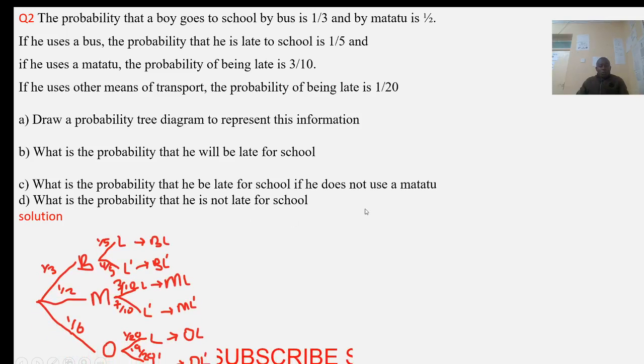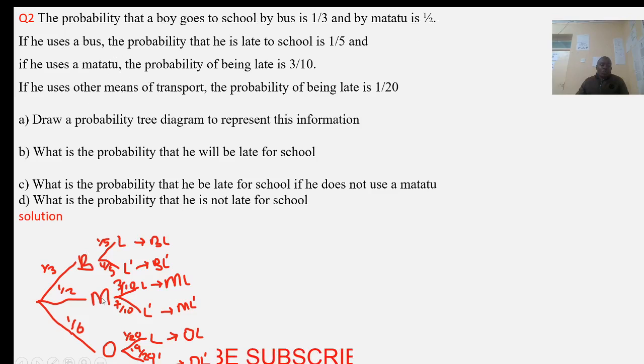Now what we do, we draw a tree diagram. I've used B, that's traveled by bus, M by matatu, and all other means. So I'll say, first of all, that the probability that a boy goes to school by bus is a third. By matatu, the probability is a half.